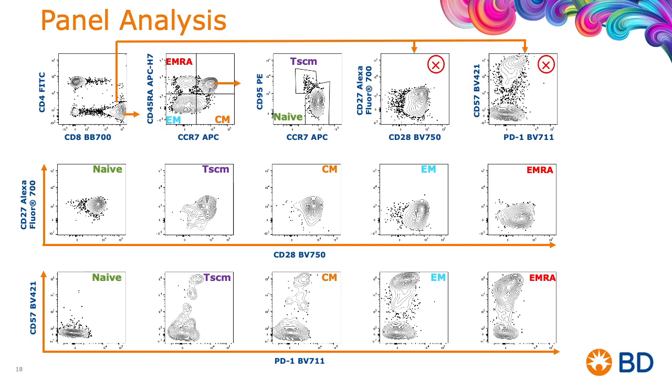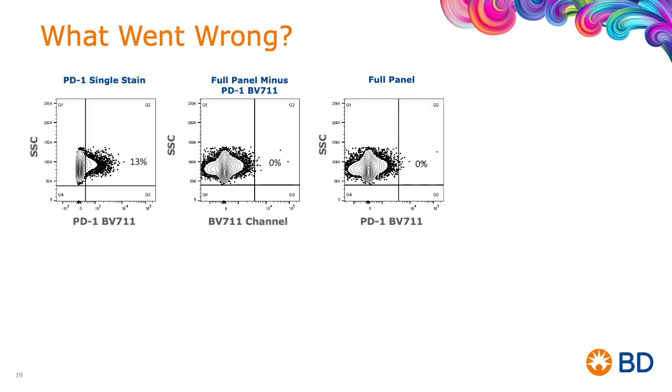So I'm going to focus just on one marker, and we're going to break down basically what went wrong and why, for example, we were not able to have a good resolution of PD1 despite having used a good dye like BV711. So let me break it down in this slide, and I'll guide you plot by plot.